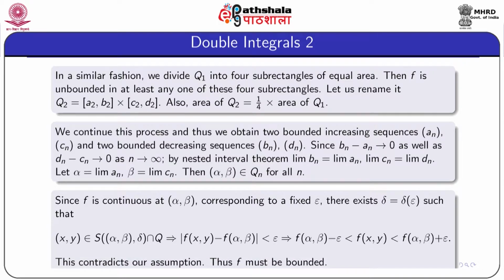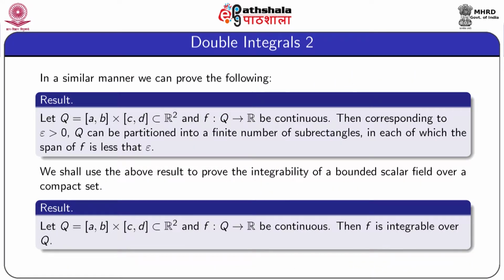This contradicts our assumption, thus F must be bounded. In a similar manner, we can prove the following result. Let Q equal to [A,B] cross [C,D], a subset of R2, and F from Q to R be continuous. Then corresponding to arbitrary positive epsilon, Q can be partitioned into a finite number of subrectangles in each of which the span of F is less than epsilon.